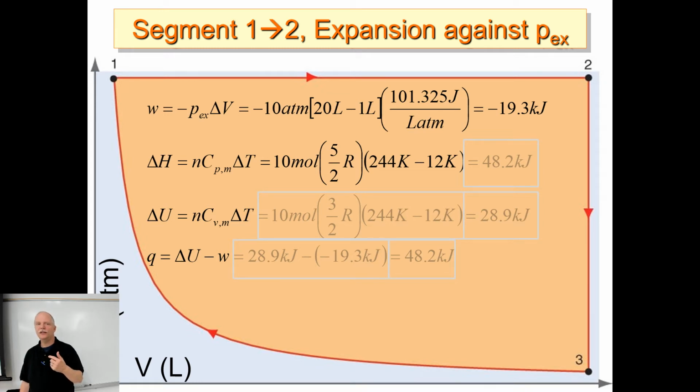And you may say, wait a second, this is a monatomic gas. 5 halves looks like a diatomic, right? But this is Cp. A monatomic helium just has translational motion. So it's 3 halves R for Cv. And then you add another 2 halves because you're doing Cp. So that relationship, let me write it on the board just to remind you.